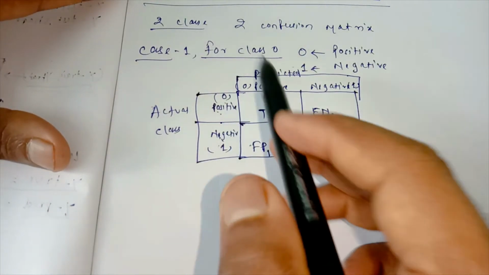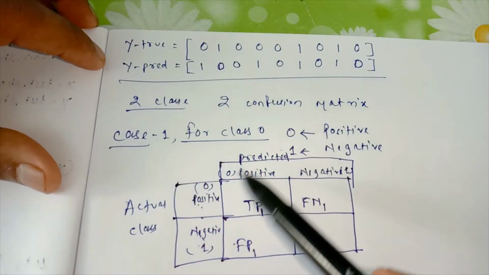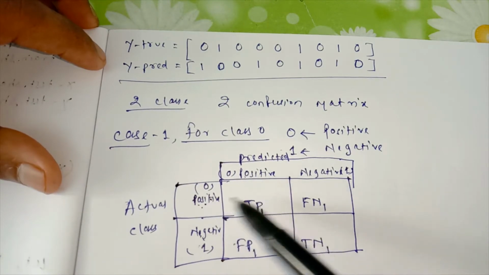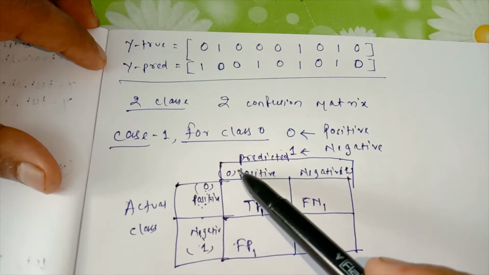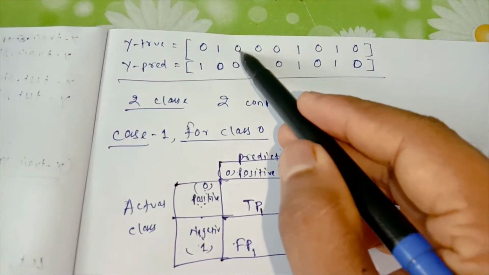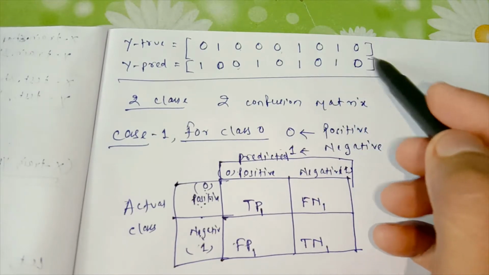What do we have to find here? True positive: actual 0, predicted 0. How many 0 0 combinations? Here you can find 1, 2, 3, 4.